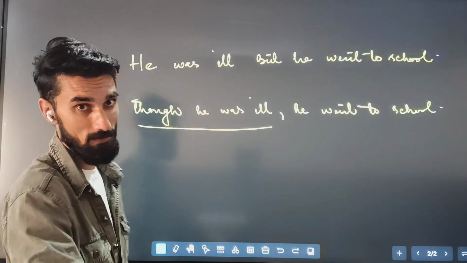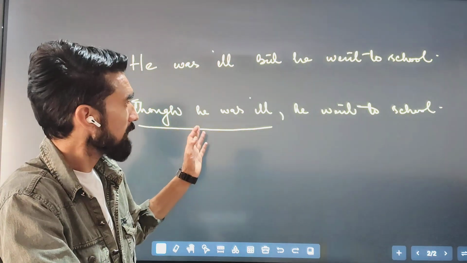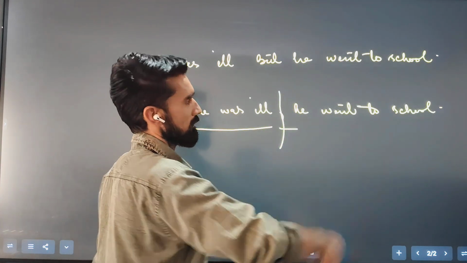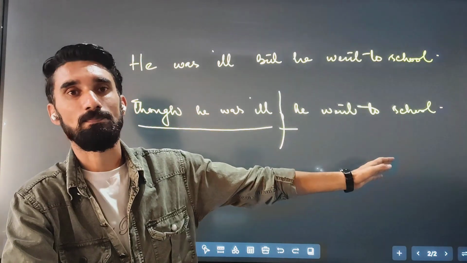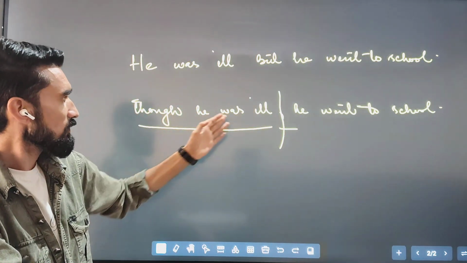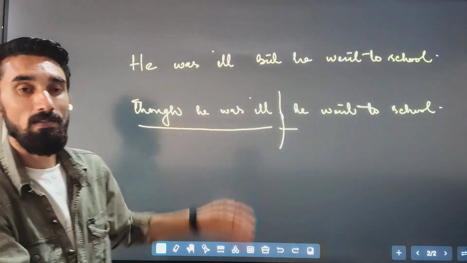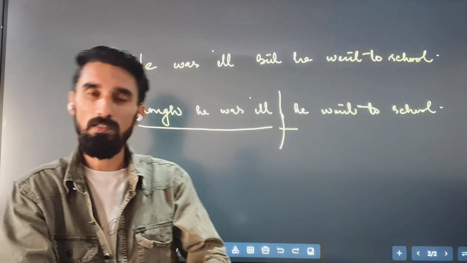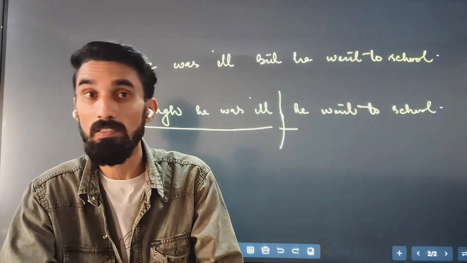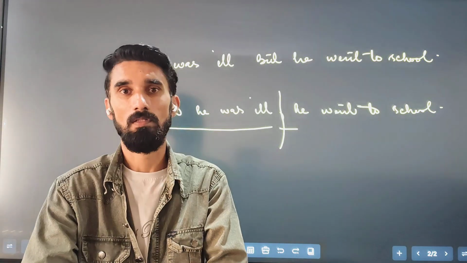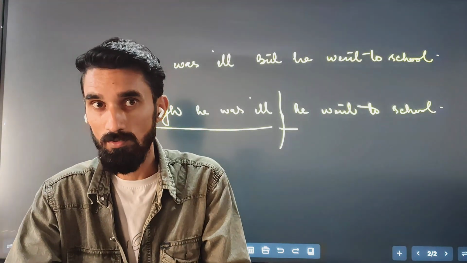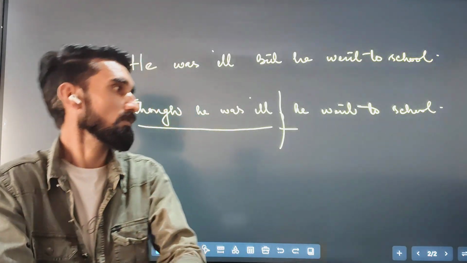Though he was ill, you cannot say this part of the sentence alone without adding this one. If you speak to someone like, though he was ill, if you are saying only this part of the sentence, he will not be able to understand you completely. Though he was ill, then some few more words are expected from you to get a proper meaning.